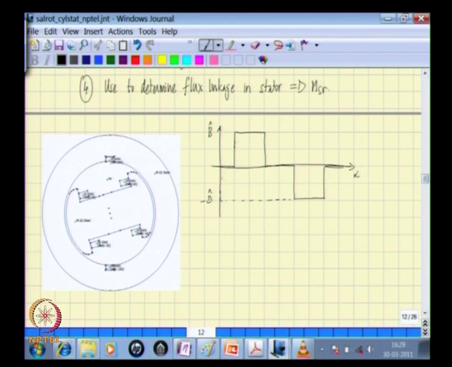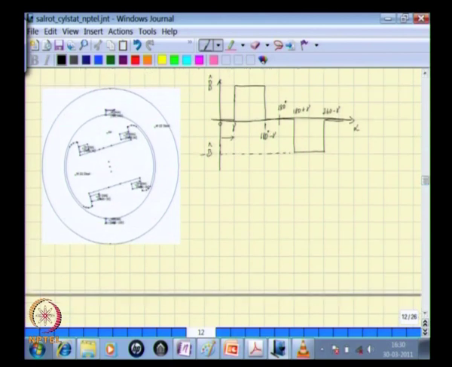The flux density waveform has a value of 0 from 0 degrees to an angle equal to gamma. This angle is 180 degrees. So this angle is 180 degrees minus gamma. This would be 180 plus gamma, and this is 360 degrees minus gamma. So this describes the flux density waveform.